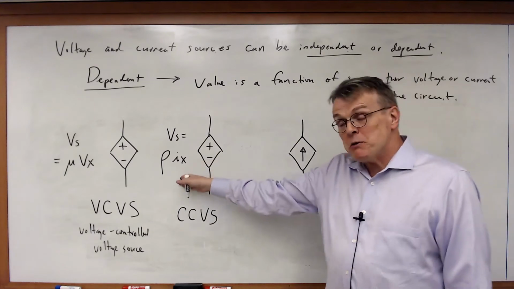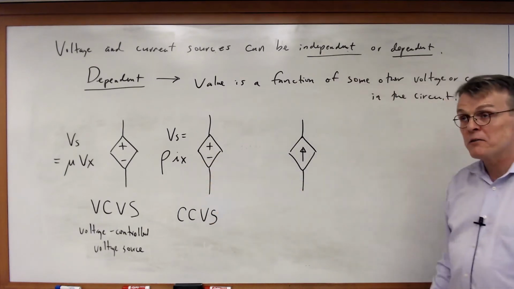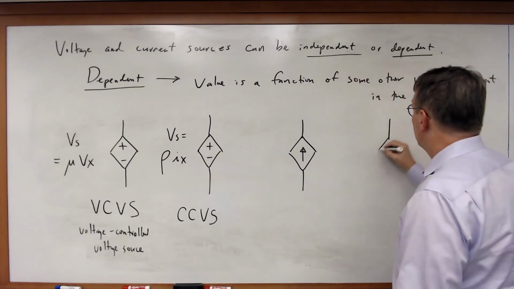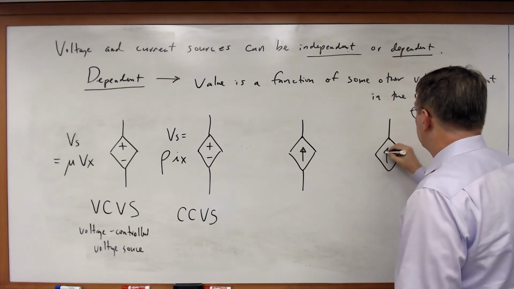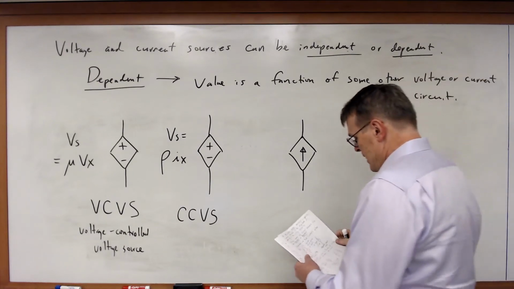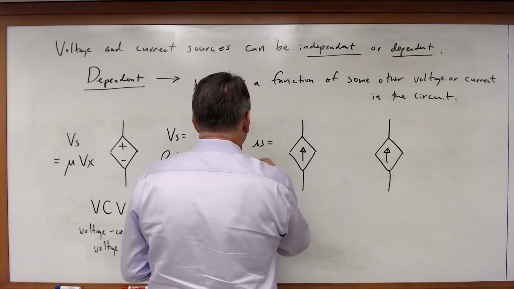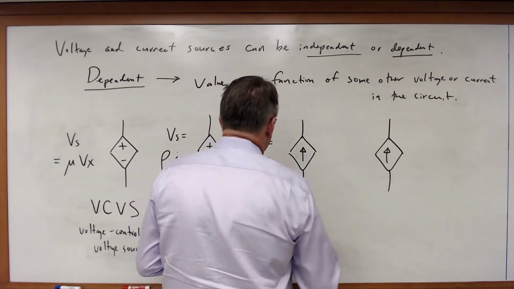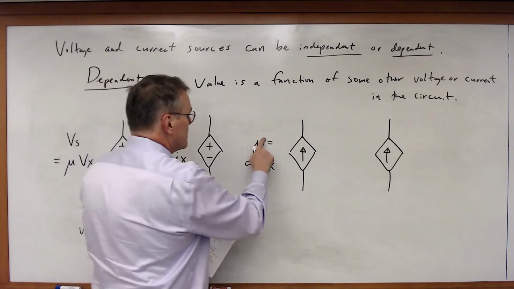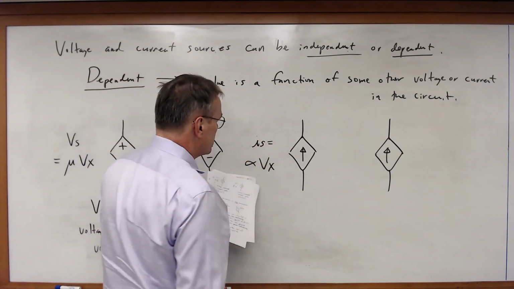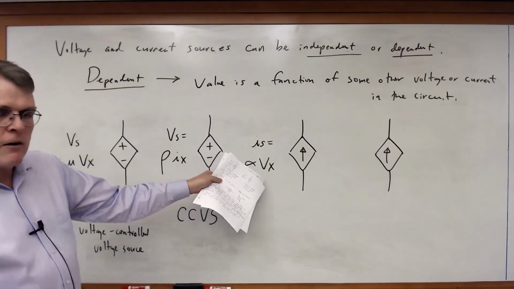Now, if I can do this with voltage sources, I can do the same thing with a current source. I can draw two different types of current sources. So in this case, I can say Is is equal to alpha times Vx, so some multiplier times Vx. So Is is a function of Vx.